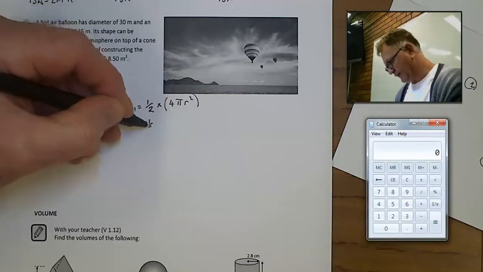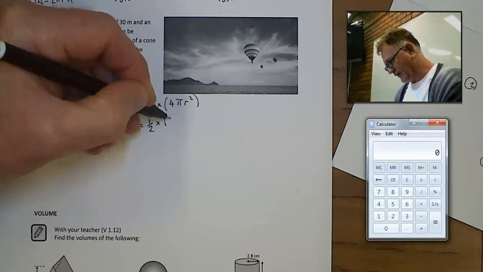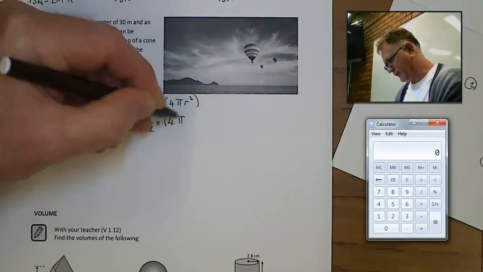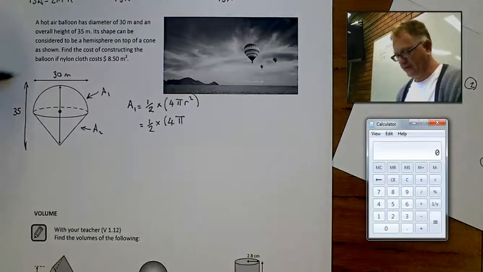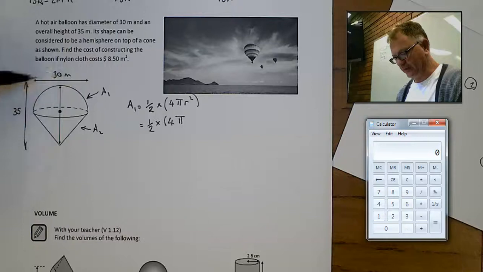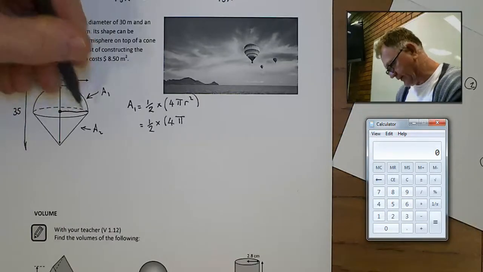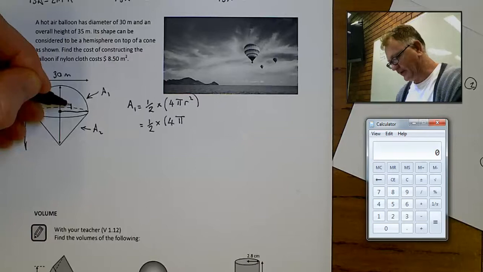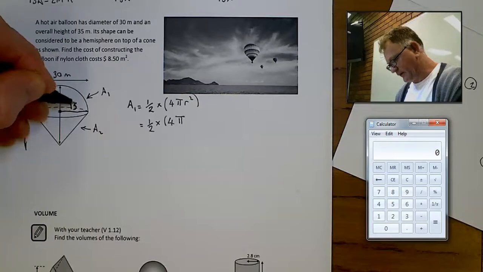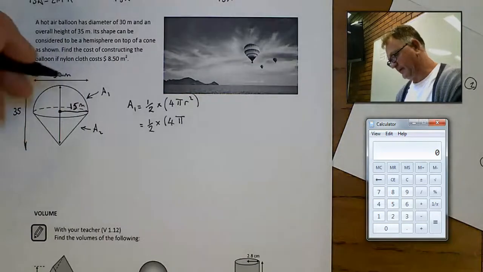So we want to go half times 4 pi times the radius squared. Remember, we're given the diameter was 30, but that would mean that the radius from here to here is going to have to be half that. It'll be 15 metres in radius.